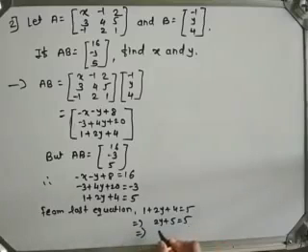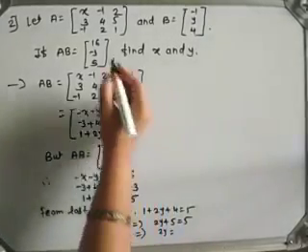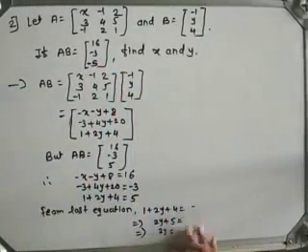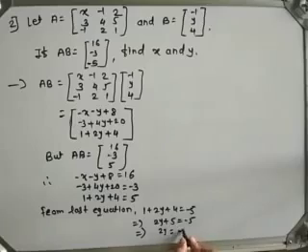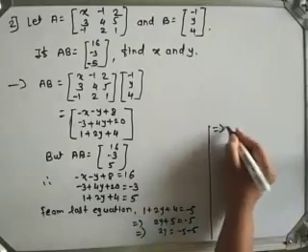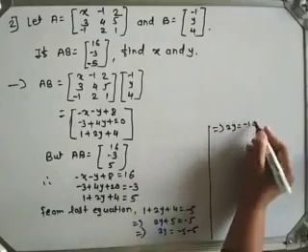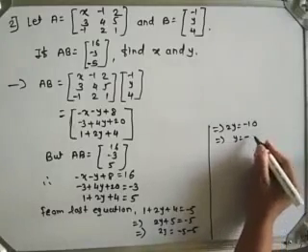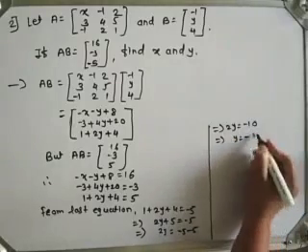That implies 2y is equal to, sorry, here it is minus 5. 2y is equal to 5 minus 5... that implies 2y is equal to minus 10. That implies y is equal to minus 5.